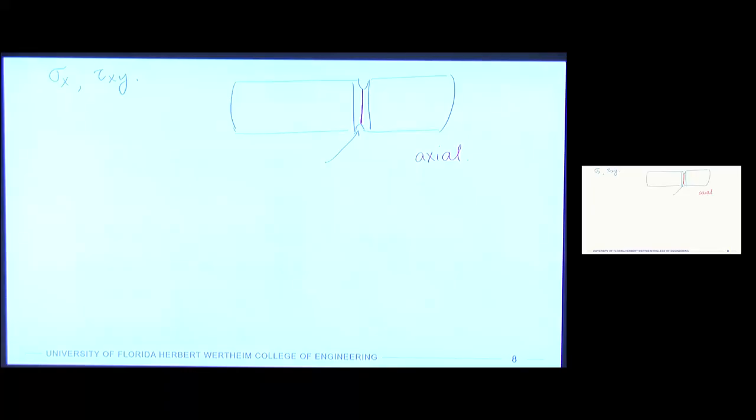So in axial loading, the critical locations are at the periphery. There are an infinite number because this is a continuous part. So they're at the periphery in the notch, where the red line is.